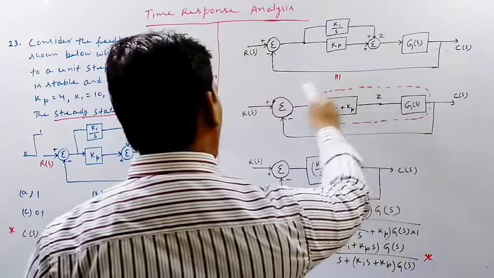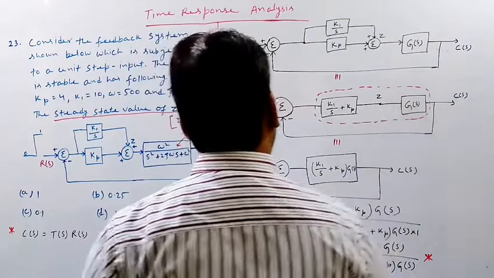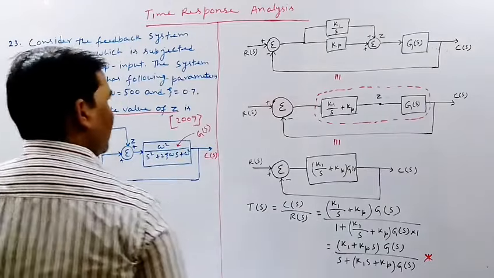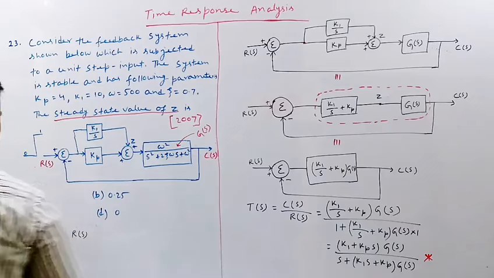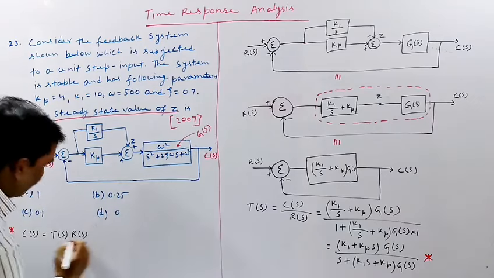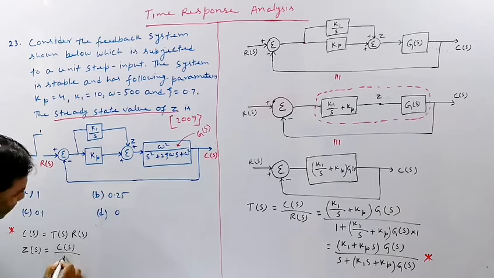From this block it is evident that Z multiplied by GS is CS. So Z is nothing but CS divided by GS. ZS is CS divided by GS.